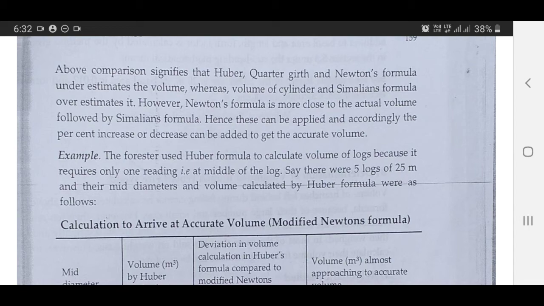I am again giving one more example. If the forester used Huber formula to calculate volume of logs because it requires only one reading, that is at middle of the log. Say there were 5 logs of 25 meter and their mid diameter and volume calculated by Huber formula were as follows.